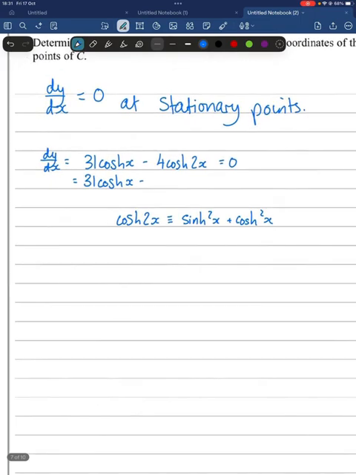So first let's just deal in terms of normal trig. If we have cos 2x, we know that that is identical to cos squared x minus sin squared x. Well, we should know from A-level maths that this identity of cos 2x has many forms. One of the forms that will be helpful here is to change the sin squared x into 1 minus cos squared x.